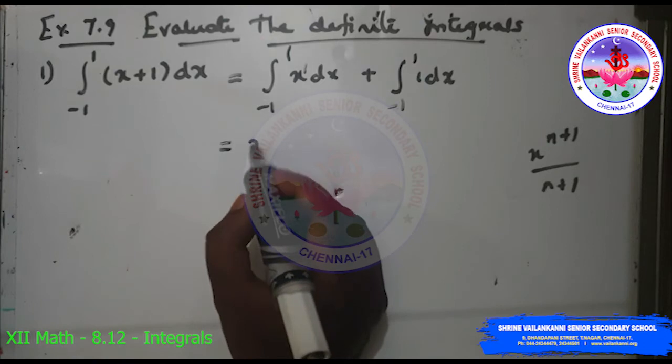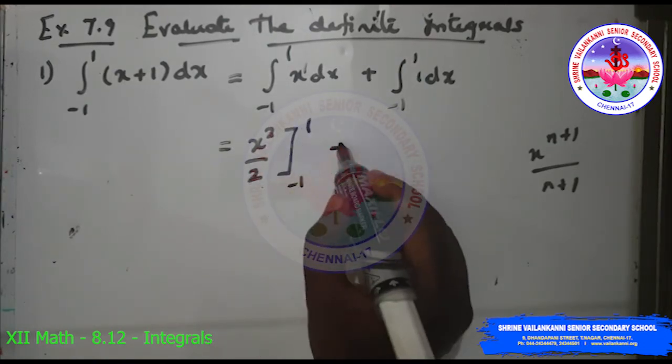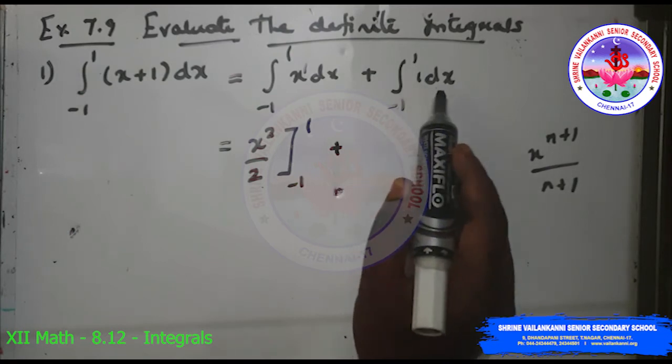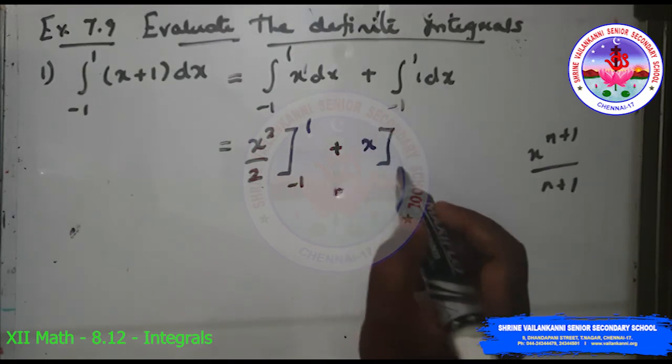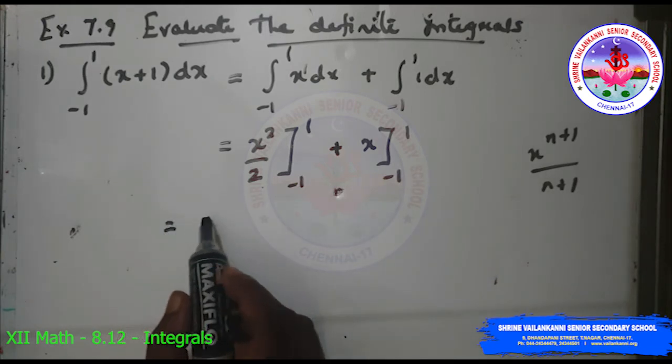So which is equal to x square by 2, minus 1 to 1, plus integral of dx is x. So minus 1 to 1. So upper limit minus lower limit.